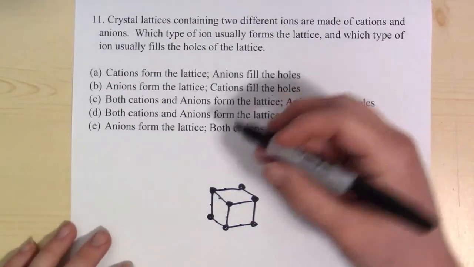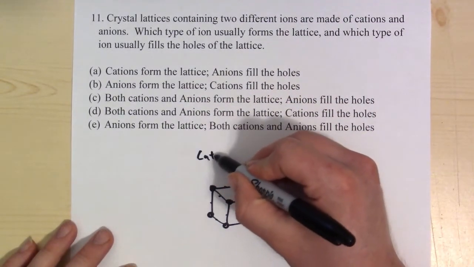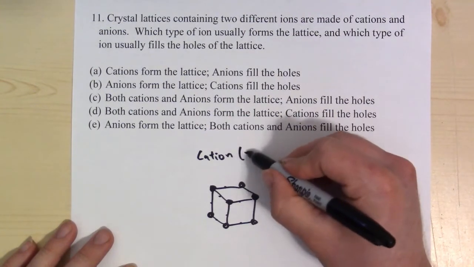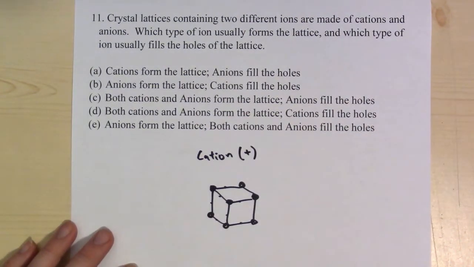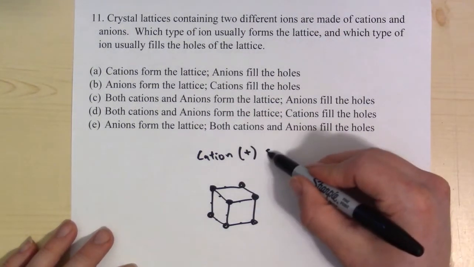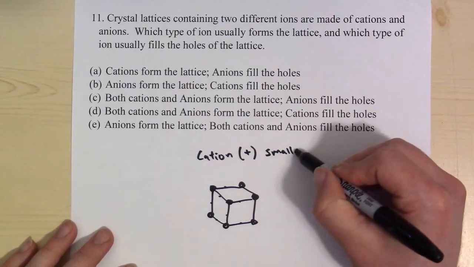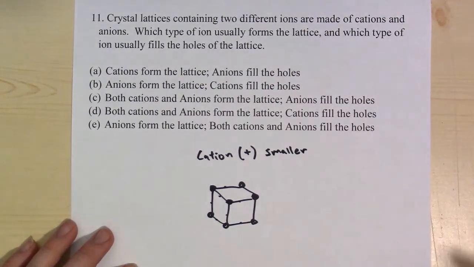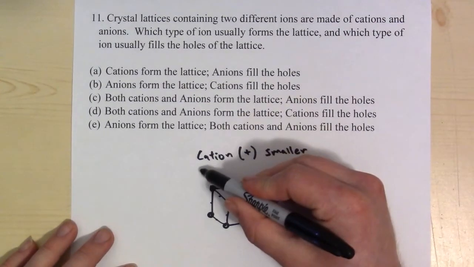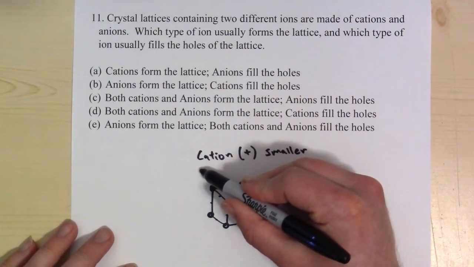So if you think about a cation, cations are going to be positively charged, so that means that they're going to be smaller. When you have less electrons held by the same number of protons, that's going to shrink the atom or the ion relative to the neutral atom.